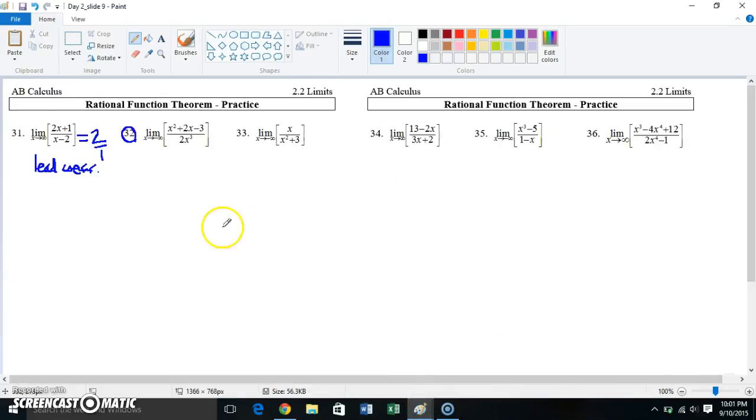Let's think about that. If I divide by the largest power, we're going to get 1 over x, 2 over x squared, minus 3 over x cubed, all over 2.